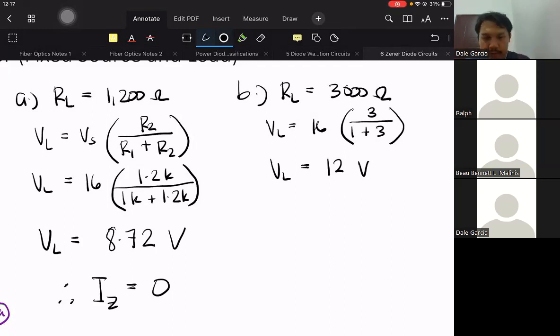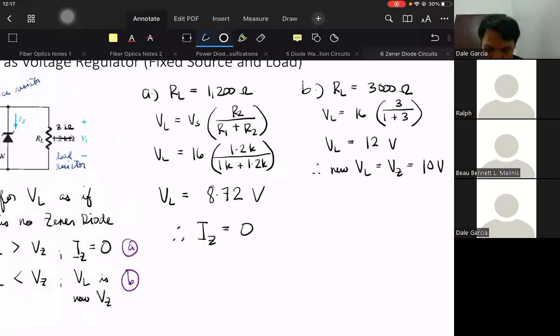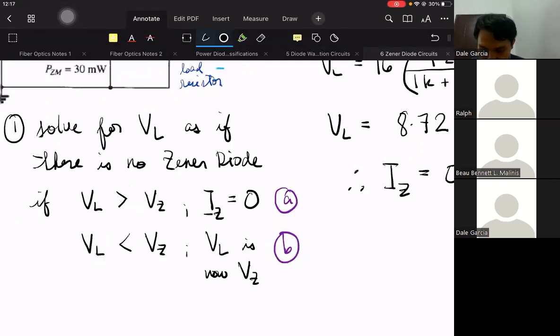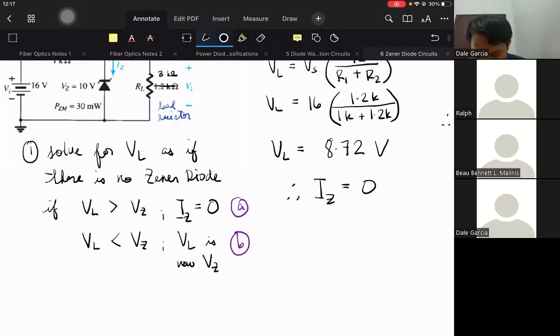Because VL is now 12 volts, therefore the new VL is equal to VZ, which is 10 volts. So this is case B. VL is greater than, sorry, VL is less than VZ. VZ is greater than VL. VL is now equal to VZ.